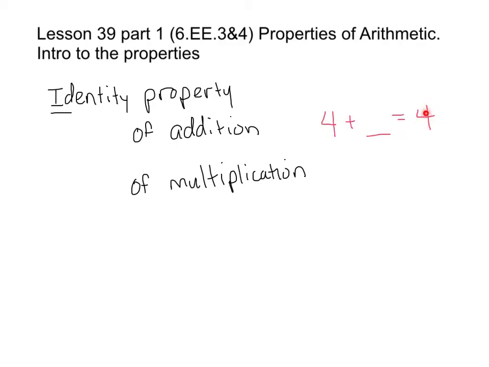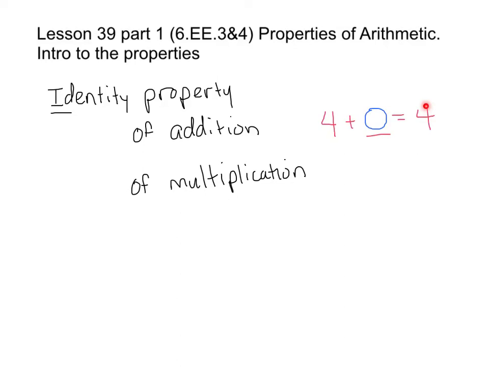Well, there is only one number that I can put here that will make 4 stay a 4 in addition, and in addition, that number is 0. So the identity property of addition is just simply that I can keep this number the same by adding 0 to it. That will keep the number the same. Easy, right? Easy. All right.